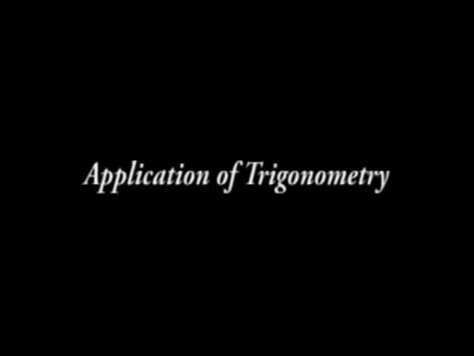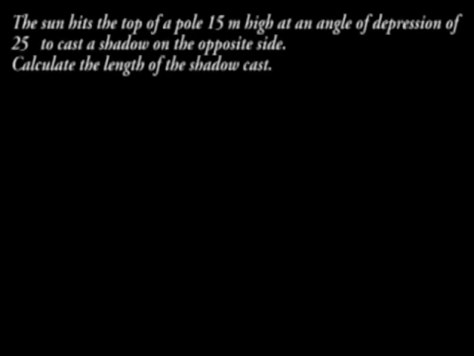Application of trigonometry. An example: the sun hits the top of a pole 15 meters high at an angle of depression of 25 degrees. It casts a shadow on the opposite side. Calculate the length of the shadow so cast.